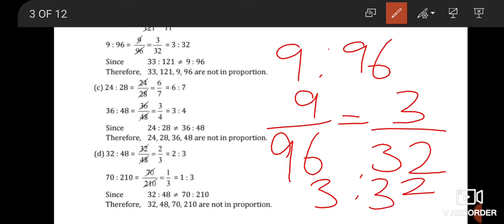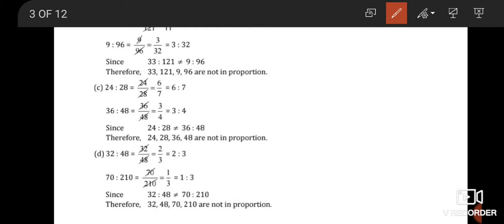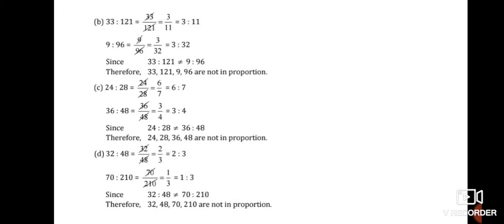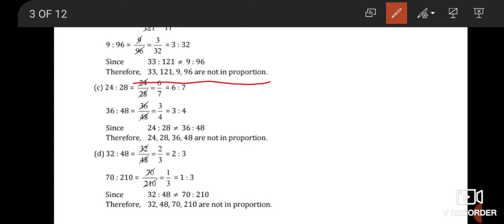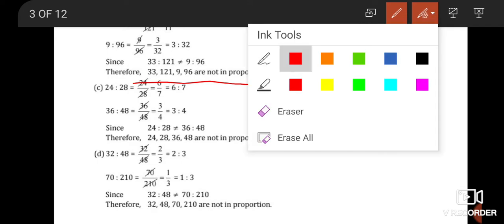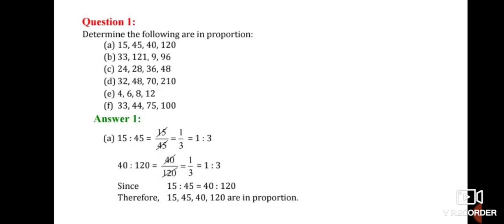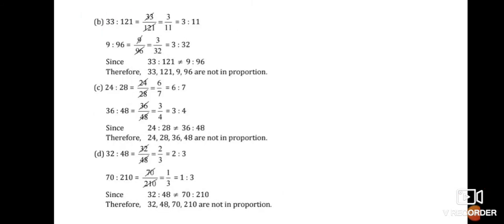So the ratio between the first two numbers is not equal to the ratio between the last two numbers. So 33, 121, 9 and 96 are not in proportion. In this way, you will do all the parts of question number 1. If you face any problem solving them, you can ask your doubt in the doubt session.